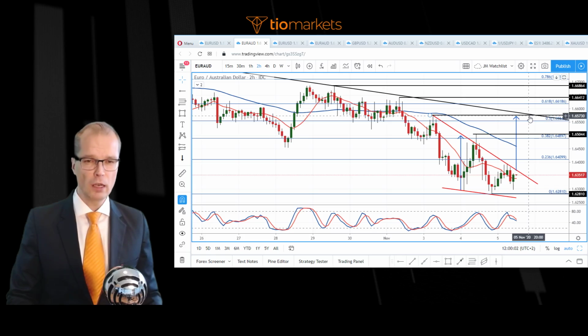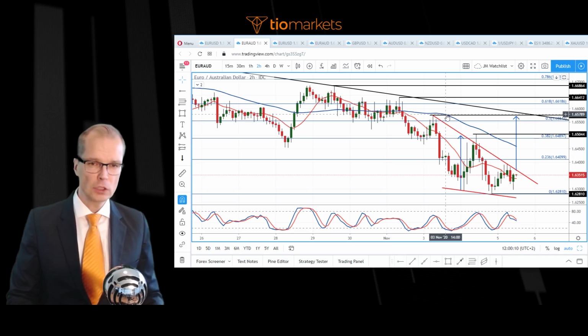Many traders are likely to see this because it's the 50% Fibonacci retracement level. There's a trend line and there's this high. Also an area here where we have the 50 period moving average and this high, I think that makes sense to have a target one there. So really target one there and target two a little higher.